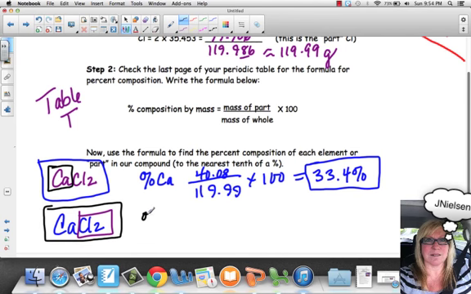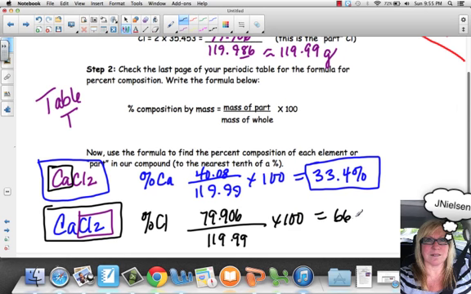So percent chlorine is 79.906 over my whole, 119.99 times 100. So when we do the math on this, we get 66.6%. And this should make sense because there's only two things, and we know it's got to add up to 100%, so 33.4 and 66.6 equals 100%.